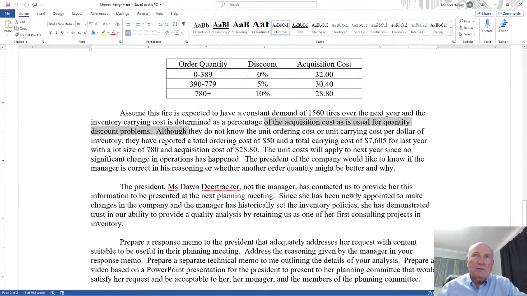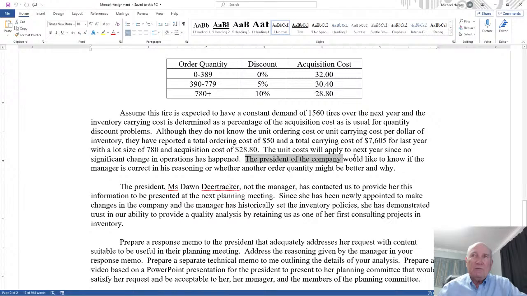Although they do not know the unit ordering cost or unit carrying cost per dollar of inventory, they reported a total ordering cost and a total carrying cost for last year with a lot size of 780 and acquisition cost of 2880. So last year they did order that, and that's what their costs were. The unit cost will apply to next year since no significant change in operations has happened.